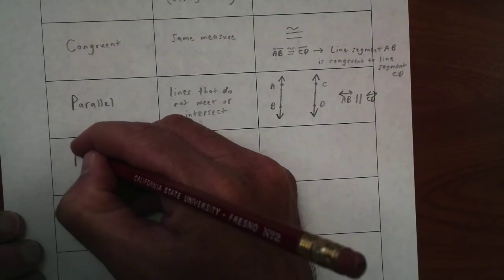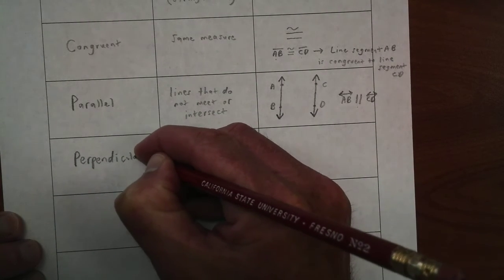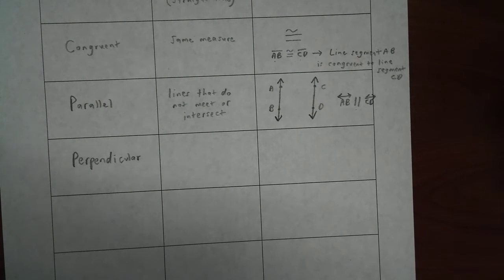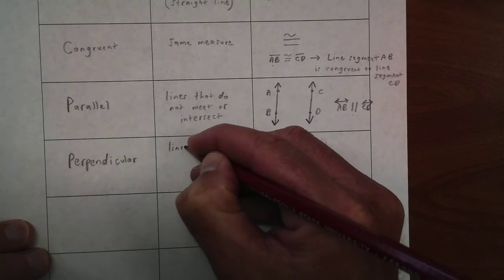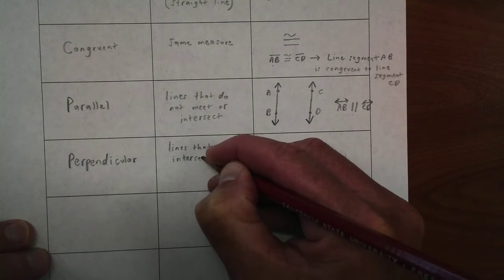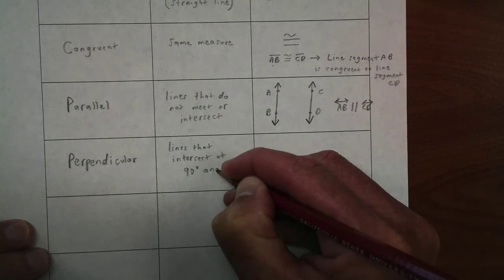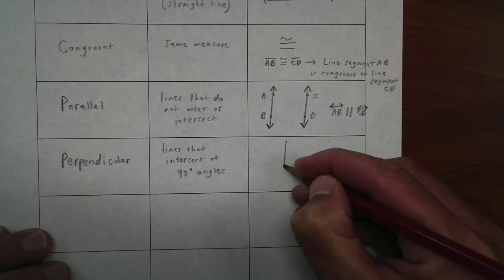Next word is perpendicular. You don't want to be perpendicularly parking because you would probably be sticking out into the road quite a bit. So perpendicular, again, are pairs of lines. They're lines that intersect at right angles, 90-degree angles. So the lines will cross each other.